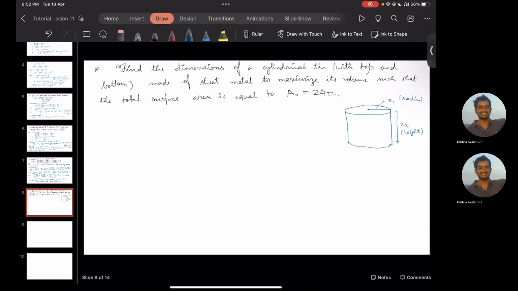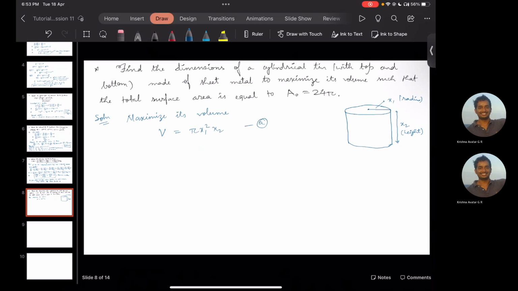Now we need to maximize its volume. The volume V of a right circular cylinder is pi times radius squared, which is x1 squared, times height, which is x2.